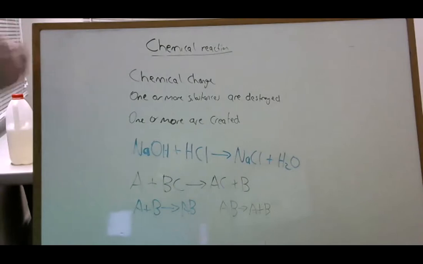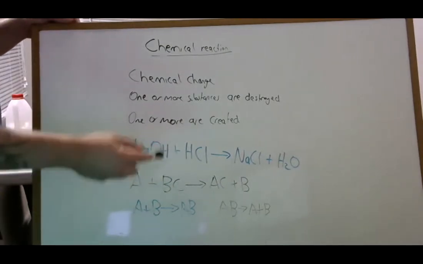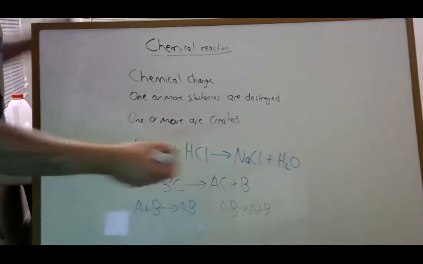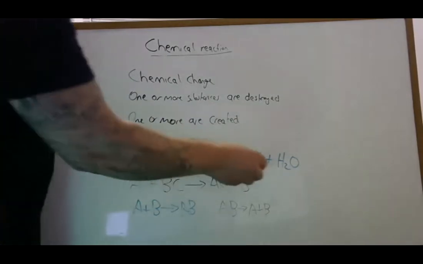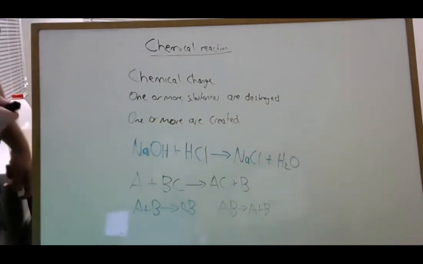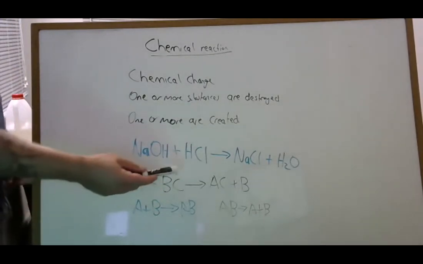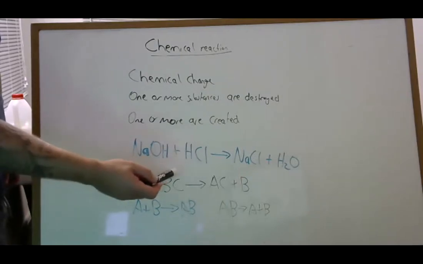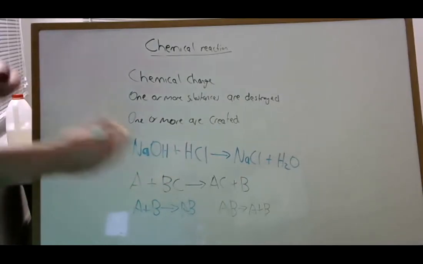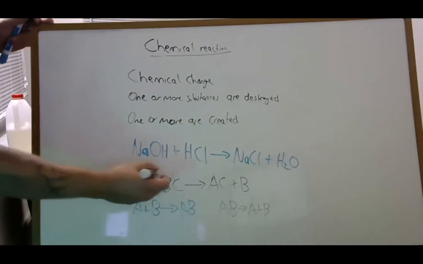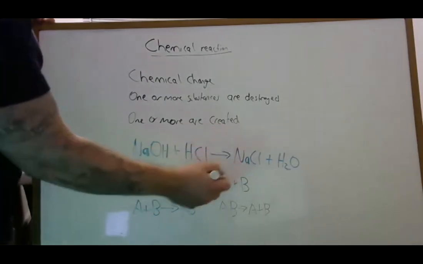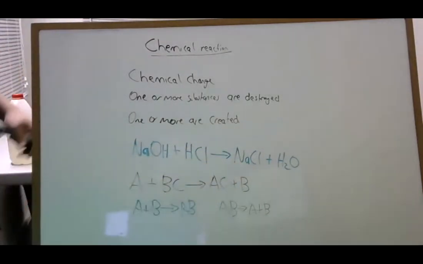So we have double displacement where we add 2 compounds together and we get 2 completely different compounds. We have a single displacement where we add an element to a compound. The more reactive A kicks B off and we get AC.